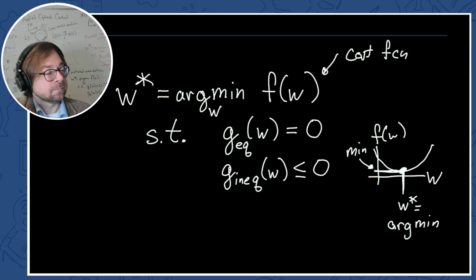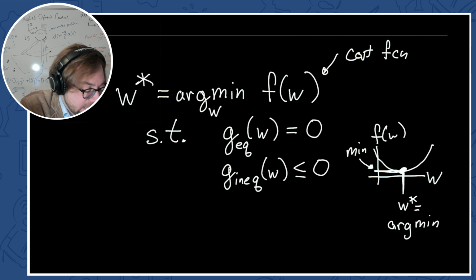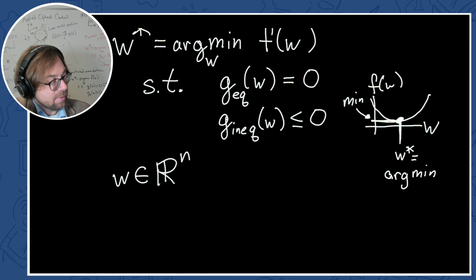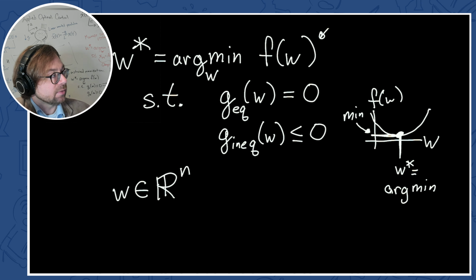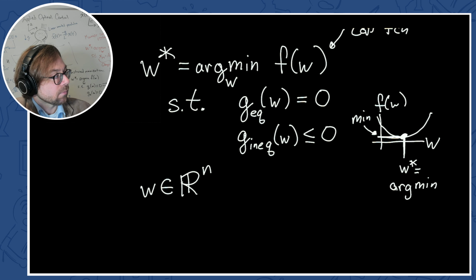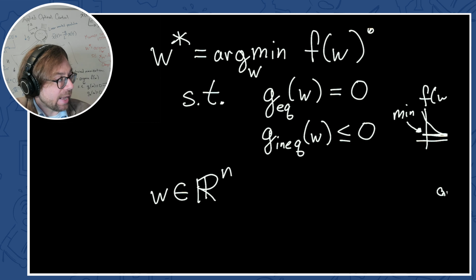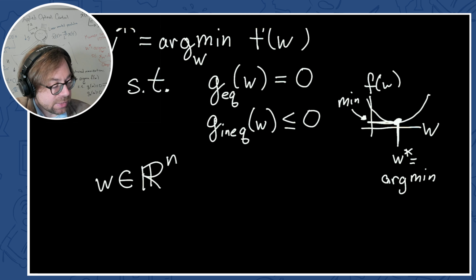So we'll almost always say for this class, w is an element of all real numbers n. So that means it's a vector with n real numbers in it, as we talked about. In this class, but you could totally have other types of programs that have different kinds of variables. But for our purposes, we'll talk about those.